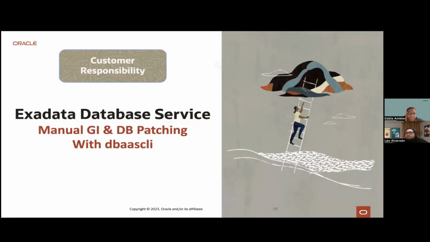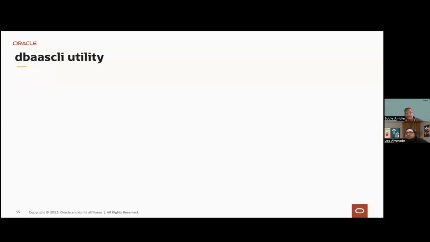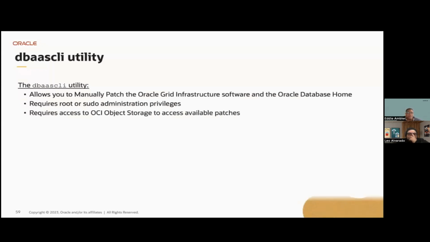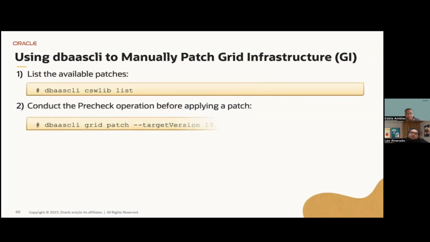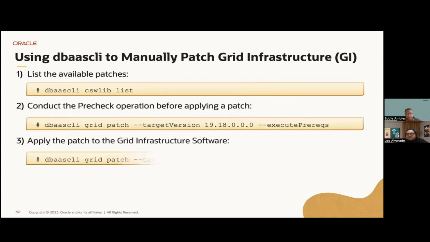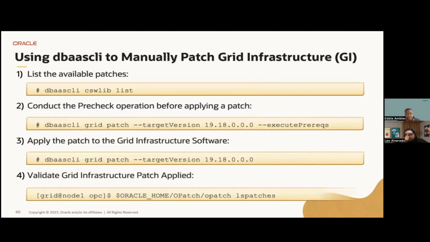For those cases where you manually need to patch, we'll just introduce you to the database utility as our last parting function. For the dbaascli, maybe we can move into the actual commands. Yep. So here are the different dbaascli commands.